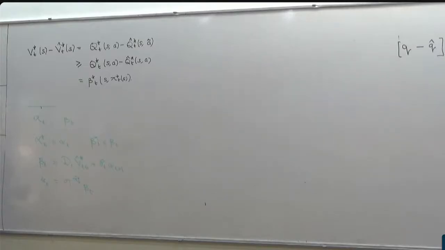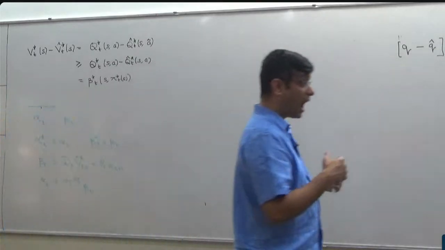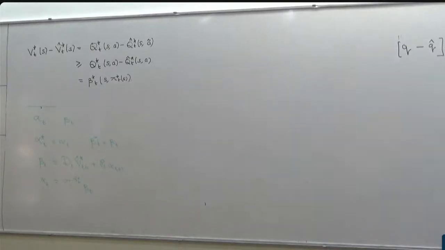Suppose I do these computations. Okay. My claim is that this guy will be greater than or equal to beta star t, and therefore this guy will be greater than or equal to alpha star t. Okay. So I can get computable bounds provided I get things which are upper bounds on these things.